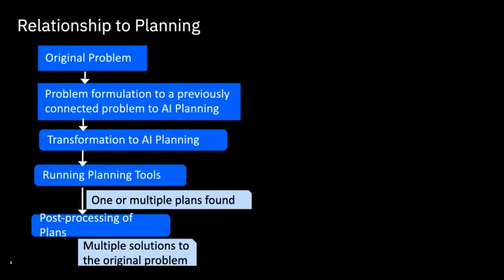So, for example, you have to define the original problem, and then you have to make a correspondence to AI planning. So you need to then reduce it to a problem in which an established relationship to AI planning exists. This allows you to use AI planning tools to compute a solution, and then you can post-process the results and compute solutions to the original problem.